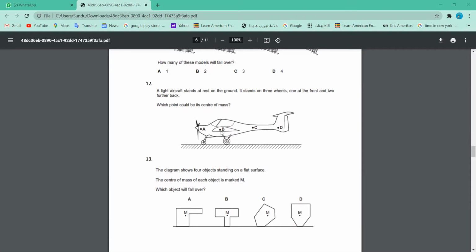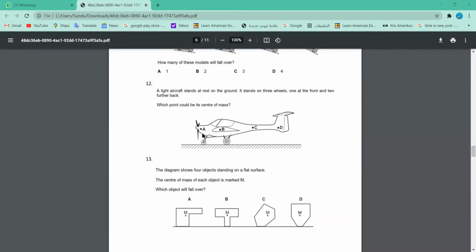So in order to balance it out, they are providing an upward, equal and opposite force by keeping the supports here. The support, which is the upward force exerted by the ground, will balance the downward weight.